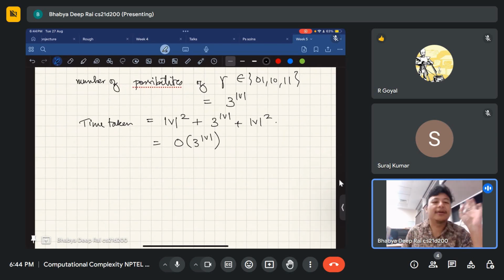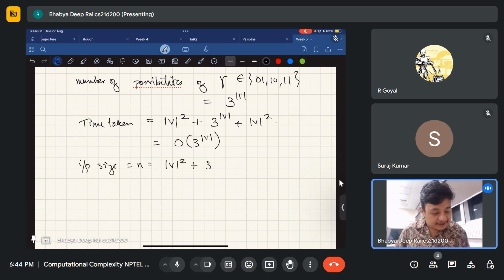Is it clear? And what is the input? Input size is n, which is size of v squared plus 3 to the v. So this is the input size and this is the time taken.